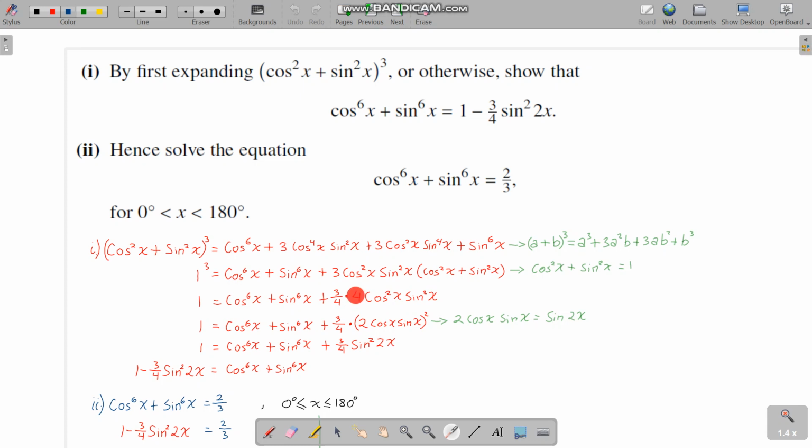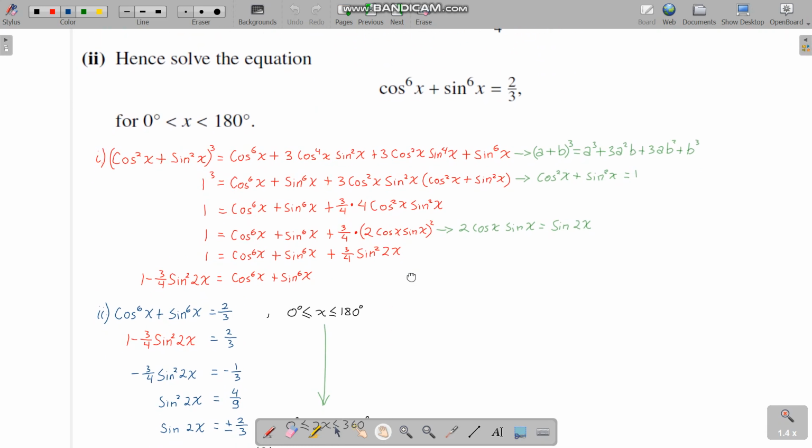So of course we multiply by 4, divide by 4, not changing anything, and this is actually 2 cos sine, which is equal to sine 2x. So we have sine squared 2x, and after we move this to the left, we get 1 minus 3/4 sine squared 2x equals this, which is what we need to prove.